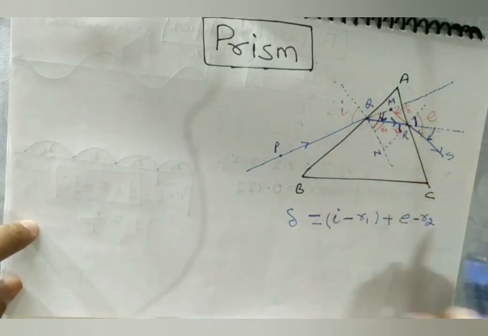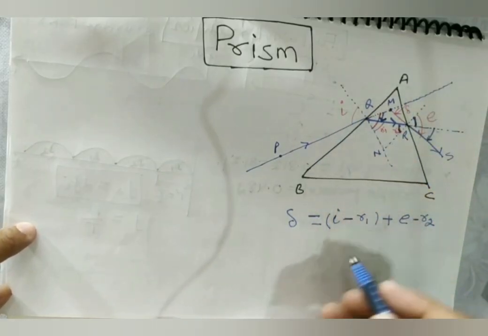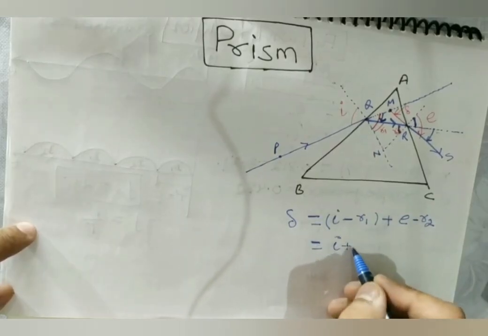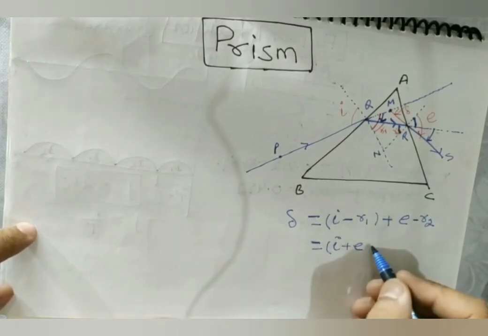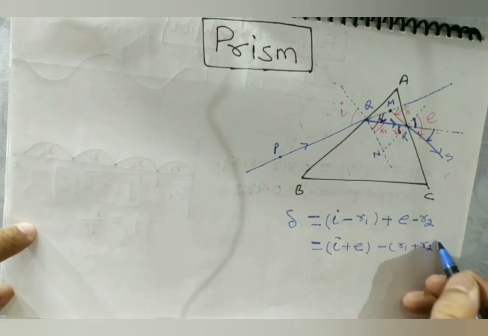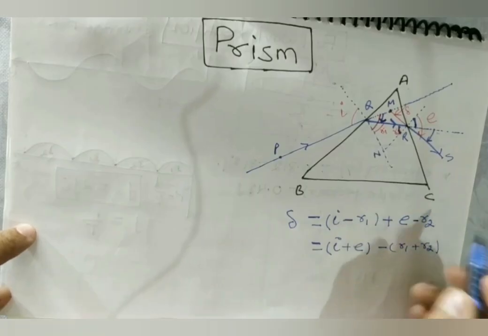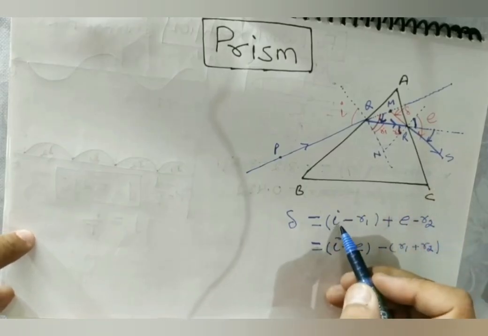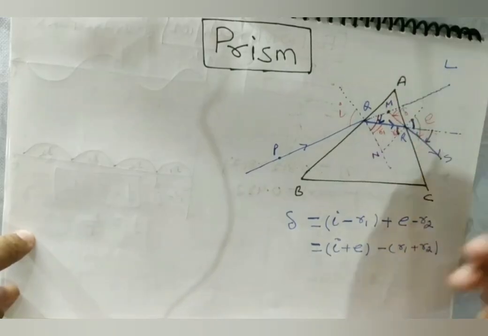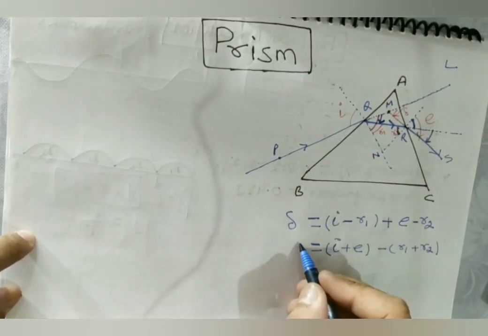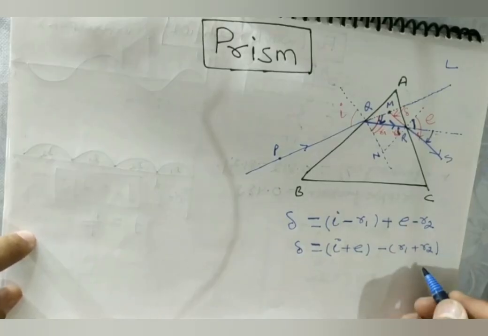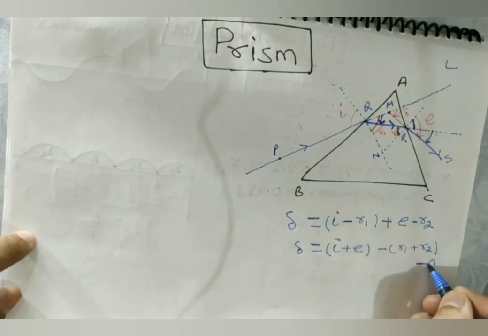This is the total deviation produced by the prism. Now just rearrange it. It will be I plus E minus R1 plus R2. Remember, I, R1, R2, E are all angles. I am not using the angle sign, but you have to check it. These are the angles. Let's call this equation number 1.